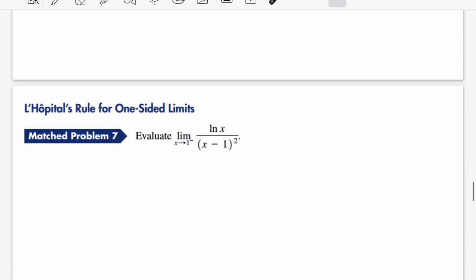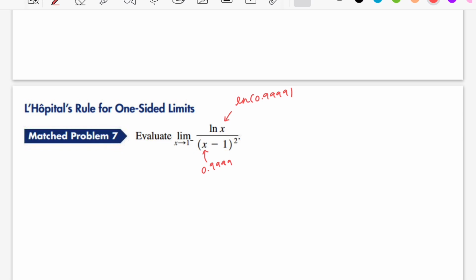So L'Hopital's rule also applies for one-sided limits. In this case here, we have the limit of this function as x approaches 1 from the left. So for example, we would have x getting closer and closer to 1. So here we could have ln of 0.99999, and so on.